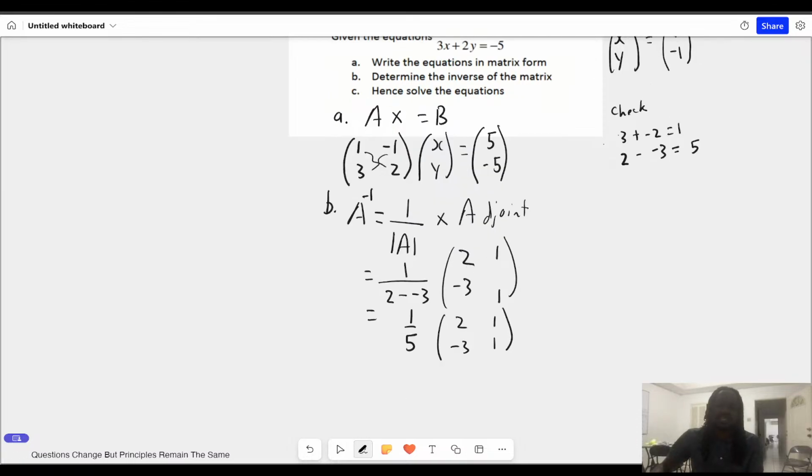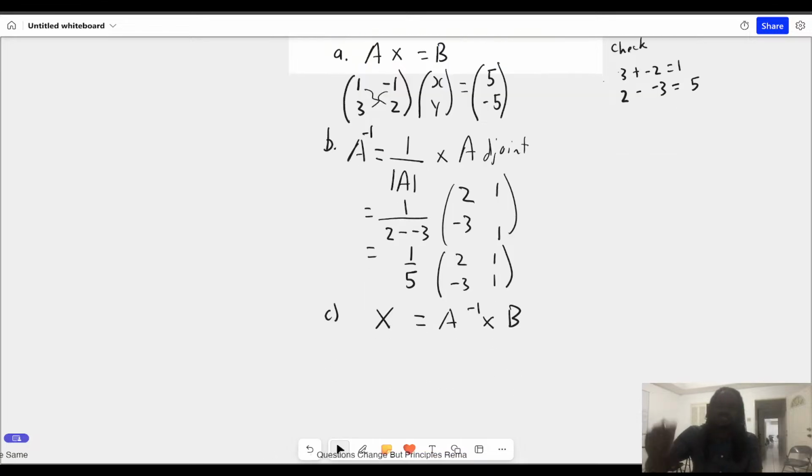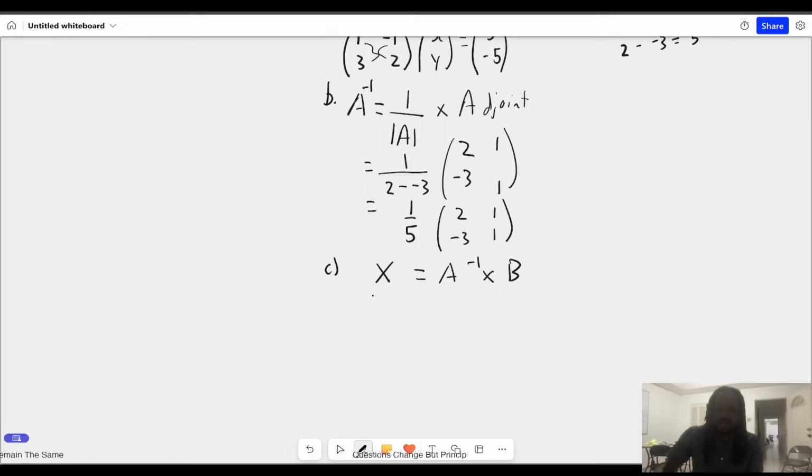Then it now says, hence solve the equations. So hence solve the equations, that means I'm trying to figure out X. What is X here now? X is A inverse multiplied by B. So X, which is X and Y, equals A inverse.